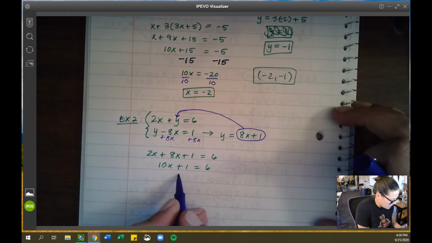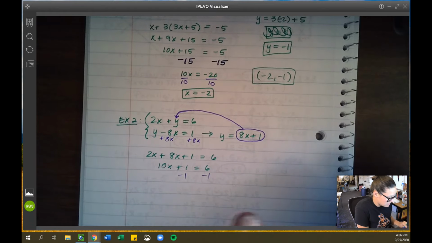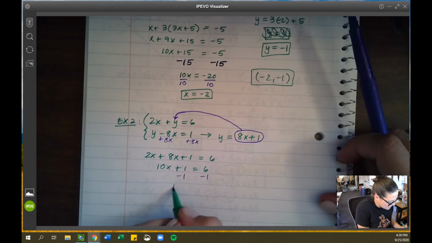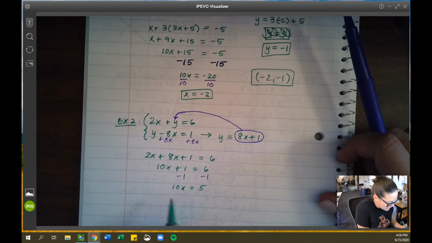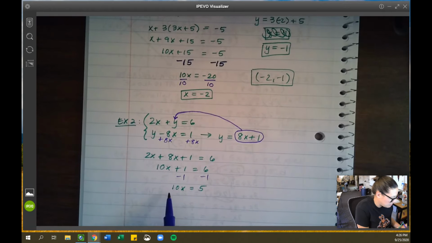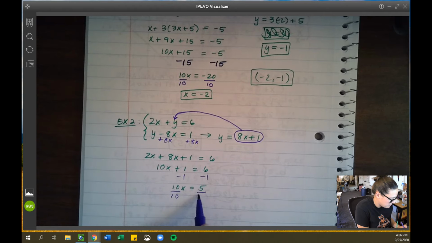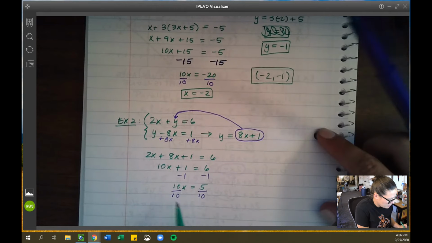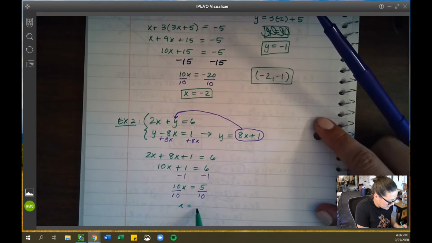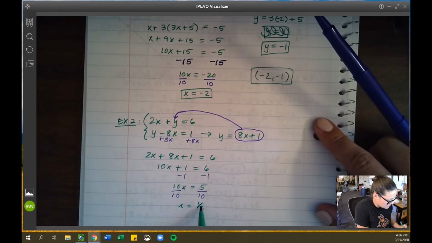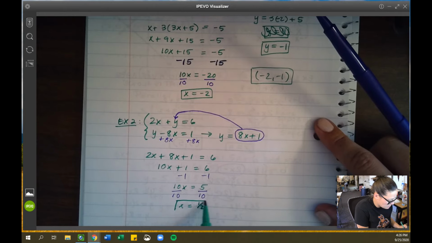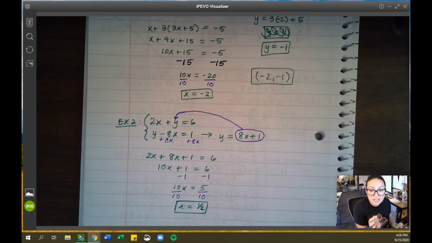I'm going to subtract 1 from both sides. So that gives me 10x equals 5. I'm going to divide by 10. And 5 divided by 10 is 1/2. So x equals 1/2. All right, I'm still not done.